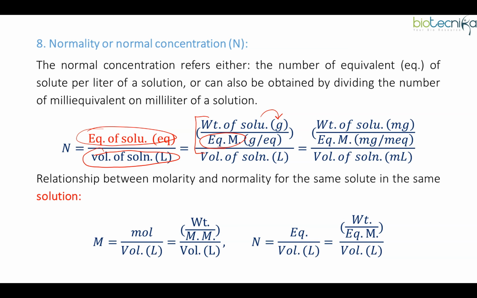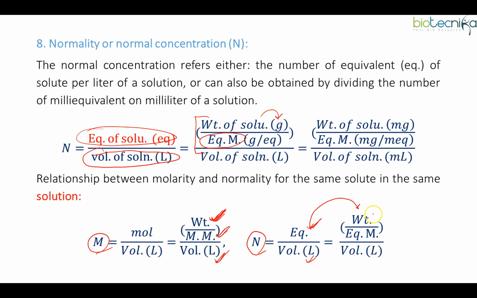Now, whenever we take molarity, we take the amount in gram divided by the molecular mass, divided by the volume in liter. But if we take normality, we have to take equivalent mass divided by volume.